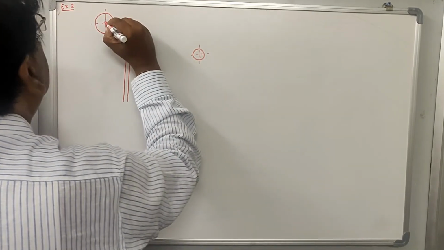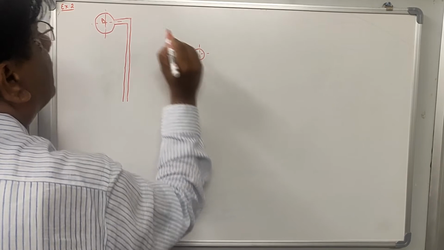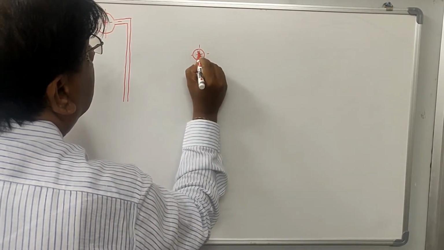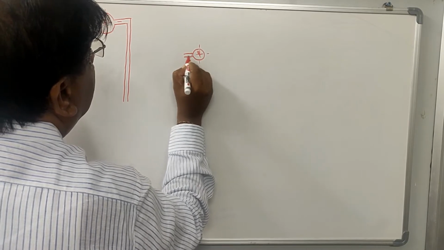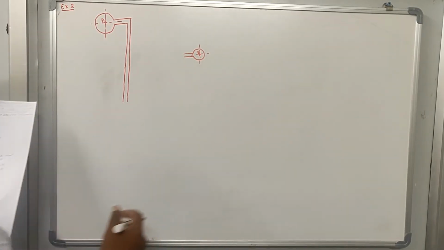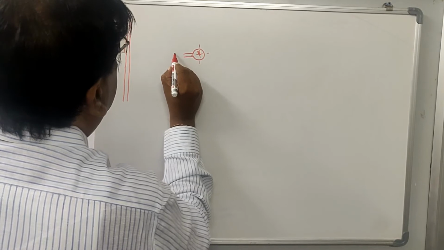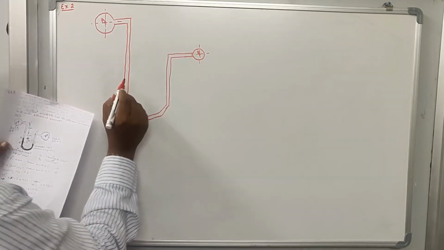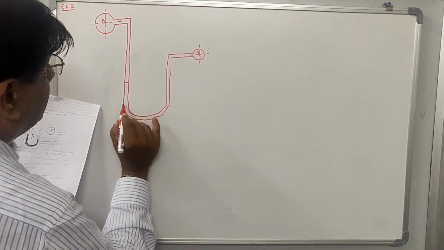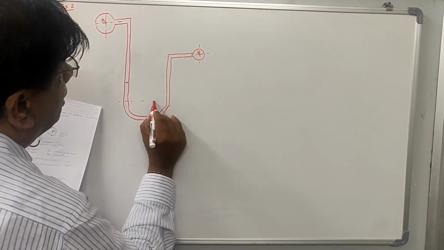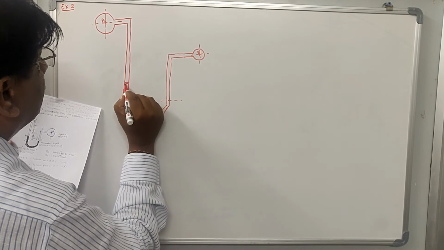So this is point A, this is point B. This end is connected to the other end of the manometric tube. Now here you have the manometric tube. This is the manometric fluid.